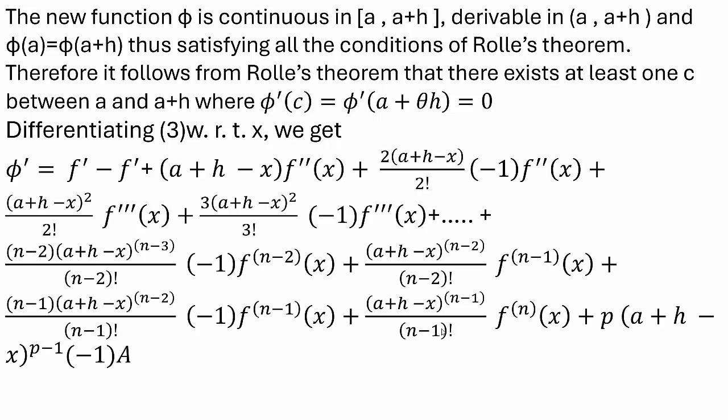Differentiate equation 3, we will get phi dash equal to f dash minus f dash plus (a plus h minus x) f double dash plus 2(a plus h minus x) divided by 2 factorial into minus 1 f double dash x plus (a plus h minus x) square by factorial 2 into f triple dash plus 3(a plus h minus x) square by 3 factorial into minus 1 into f triple dash plus, and so on, n minus 2 (a plus h minus x) raised to n minus 3 divided by n minus 2 factorial into minus 1 f^(n-2) x plus (a plus h minus x) raised to n minus 2 divided by n minus 2 factorial into f^(n-1) x.